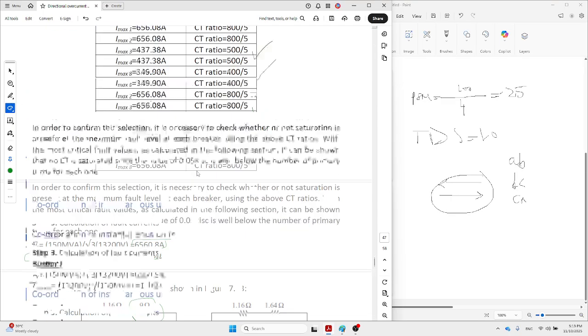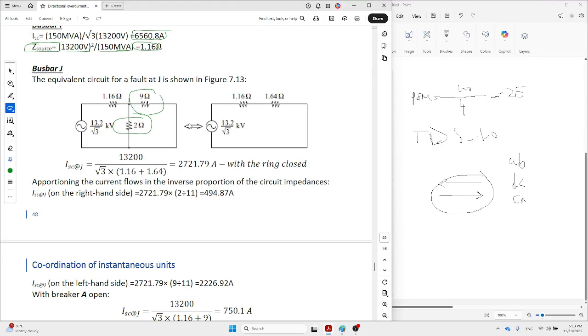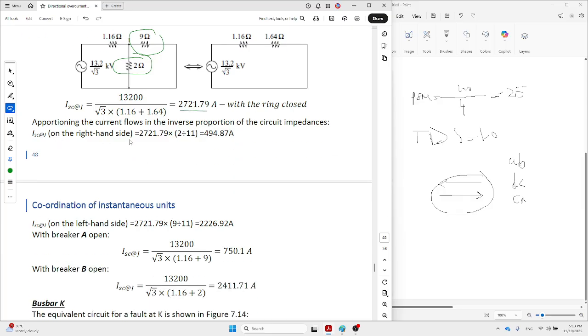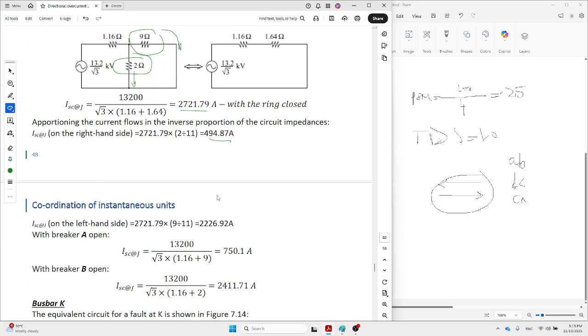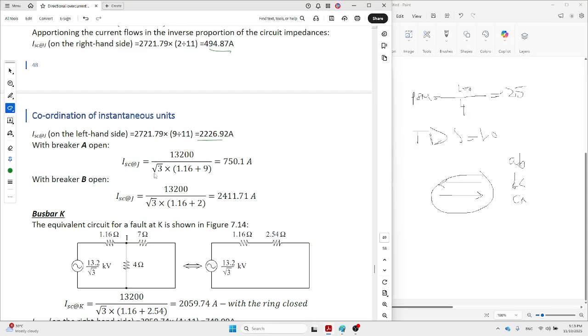Then you have to simplify it. 2 parallel with 9, then plus this one, divided by this one, and find out the fault current. Then divide what is the fault current here and what is the fault current here using the current divider rule. Then assume switch A is open, then assume switch B is open, and again find out.